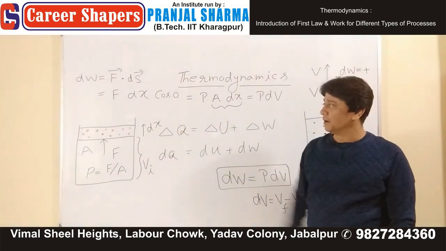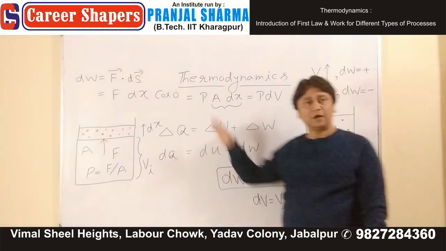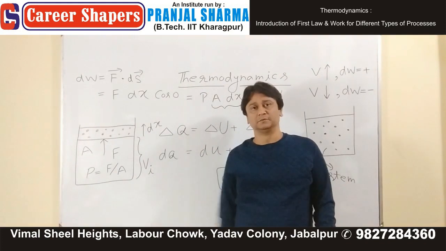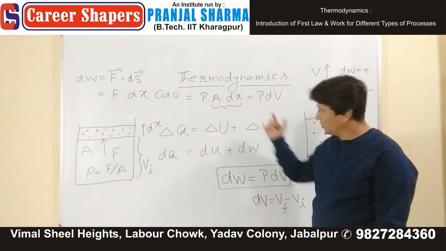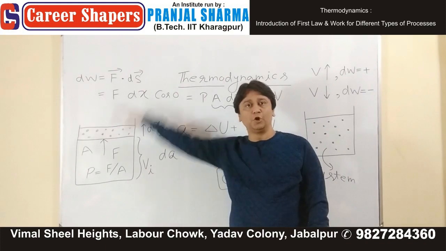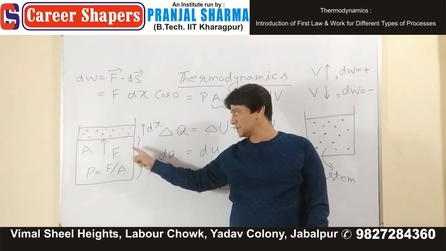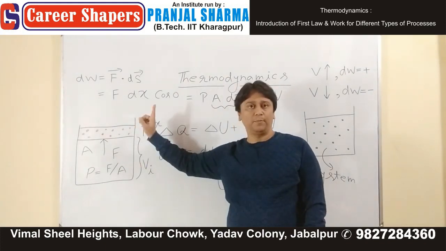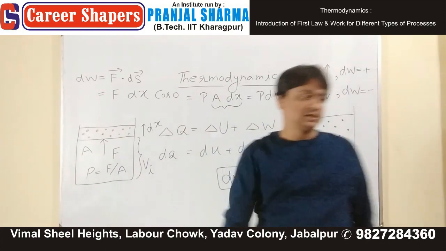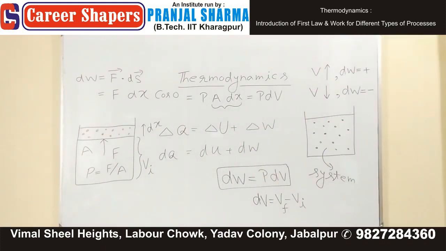In this figure, if I say that volume decreases, then what is the direction of force? Up or down? Write down fast in the comment box. If volume decreases, then what is the direction of force? Up or down? Good, very right.